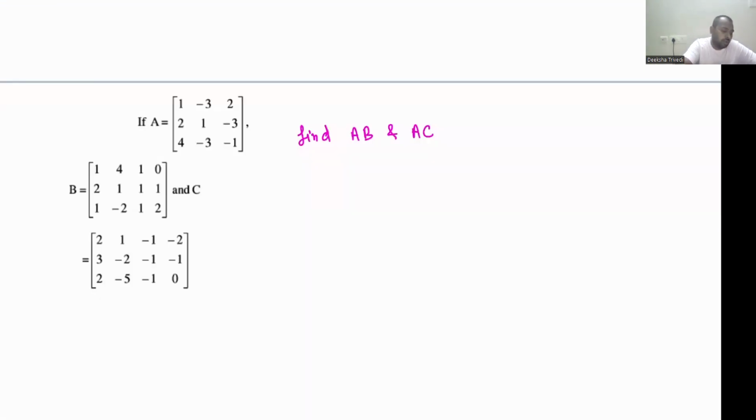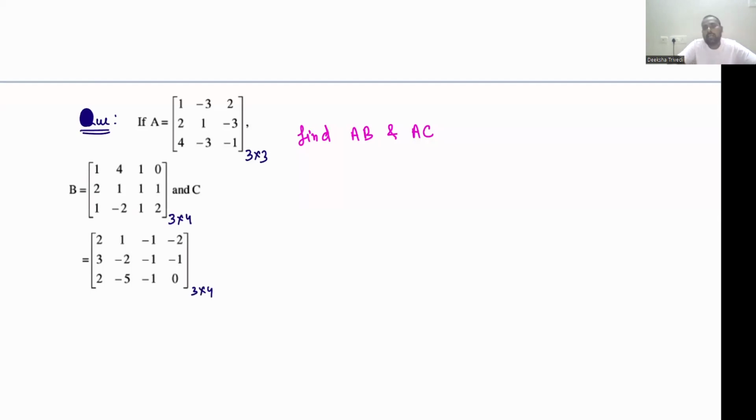Now here you need to solve AB and AC. A and B are two given matrices. This matrix has order 3 cross 3, this matrix has order 3 cross 4, and this matrix has order 3 cross 4.